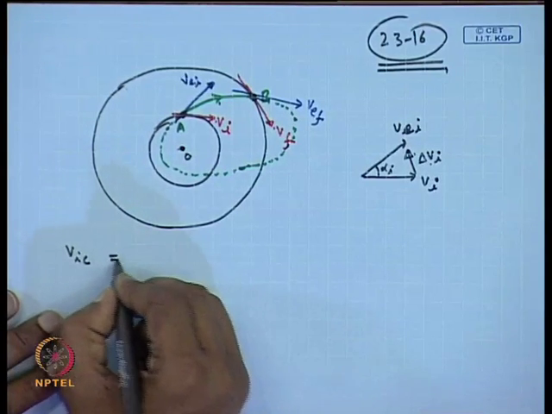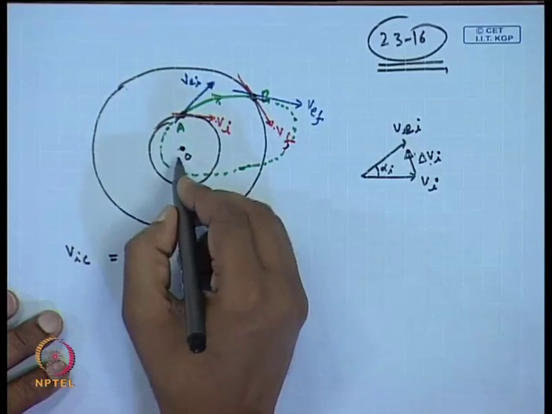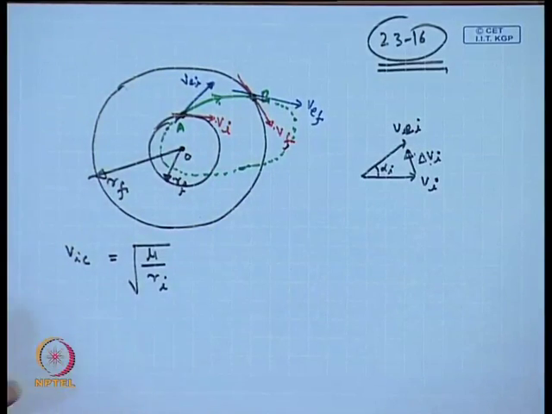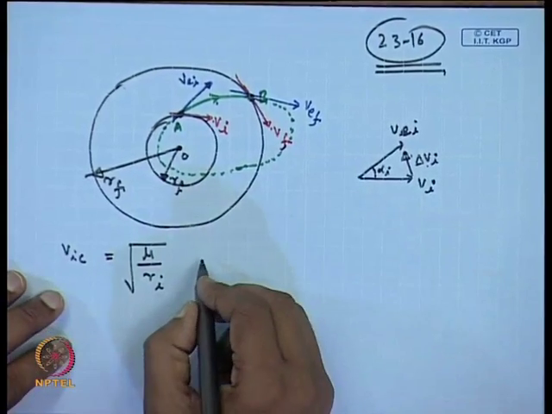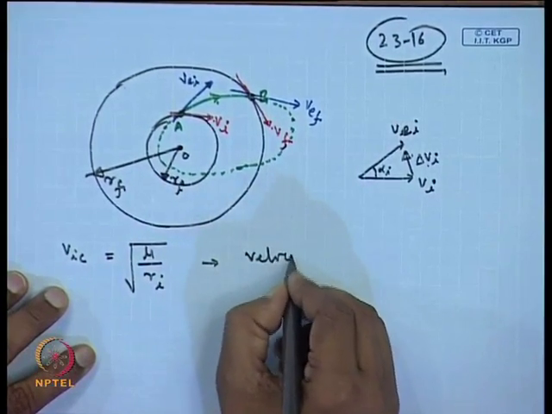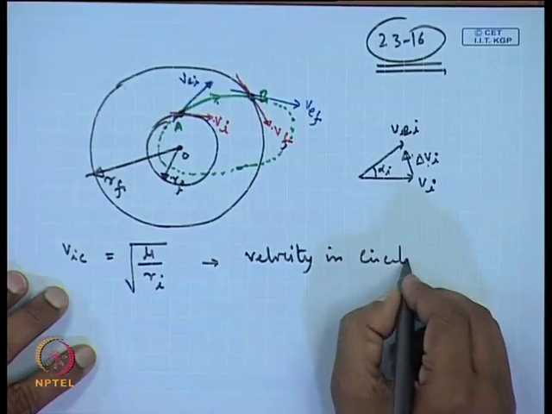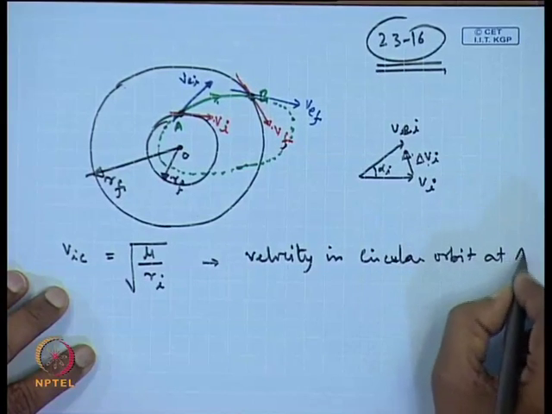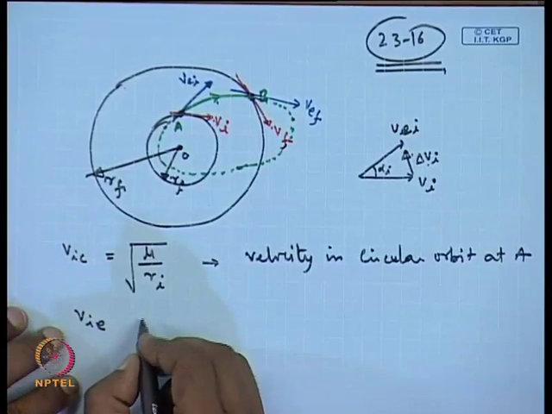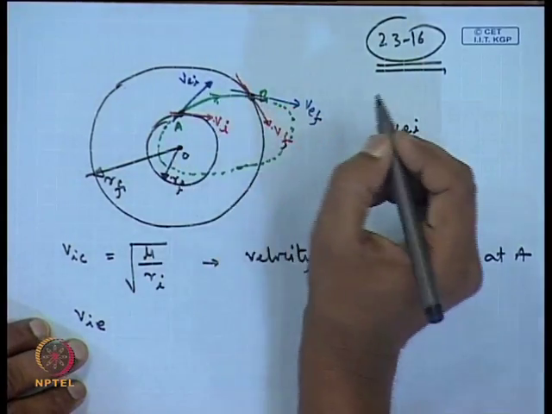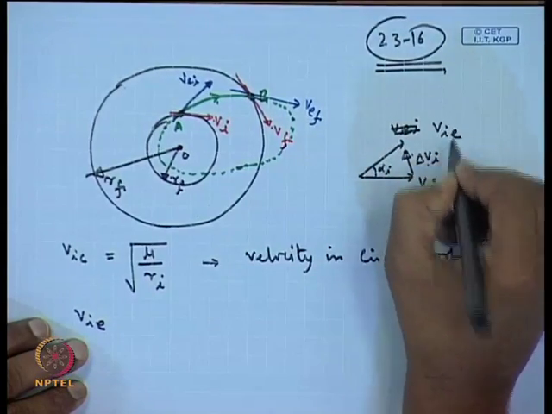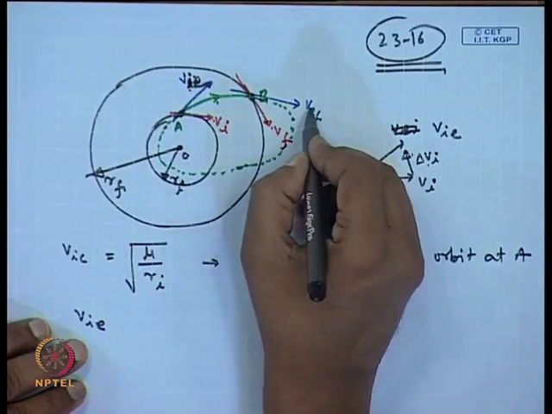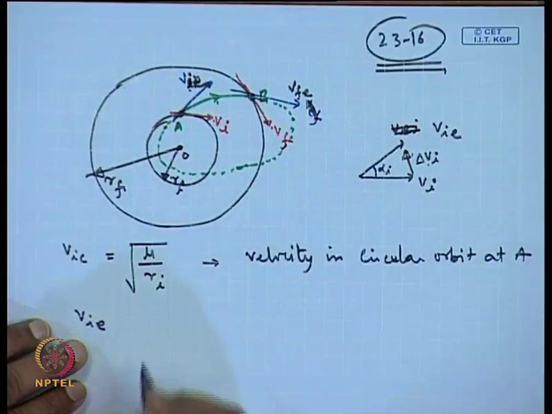So, again V I C is root of mu by R I, this is your R I, this is your R F. And this is nothing but velocity in circular orbit at A. Then V I E, we can put here as V I E to indicate this is the initial point and this is the initial orbit, and similarly here we can write this as V F E. This notation is better.